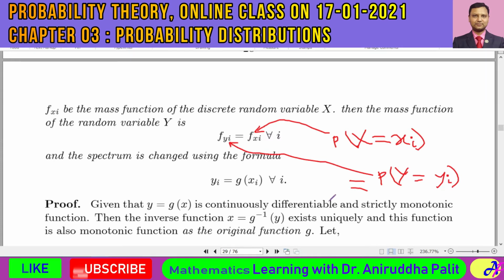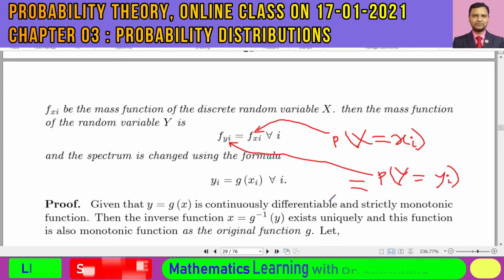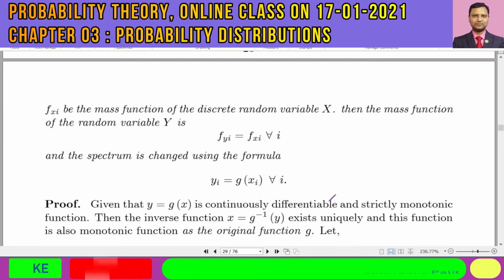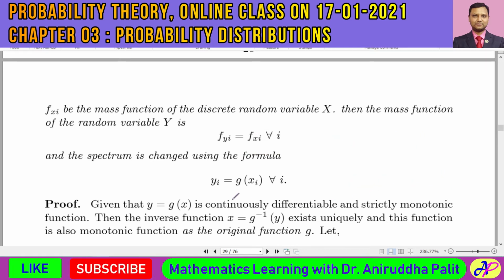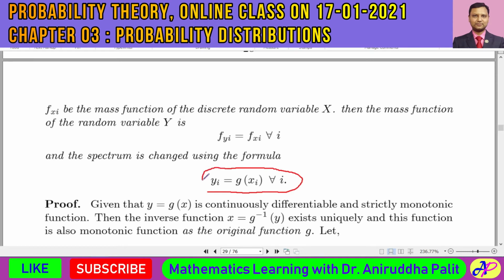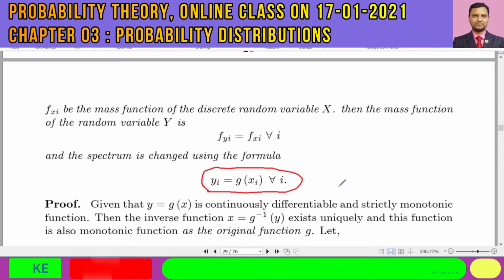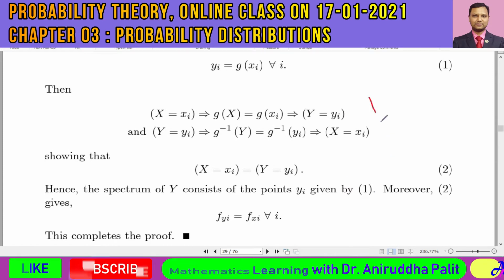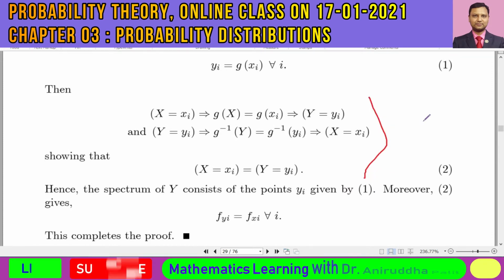Therefore, the values of the probability mass functions of x and y must be the same. And what would be the spectrum? yi is equal to g(xi) for all values of i. This would give us the spectrum of y. So in this way, the proof is shown over here, what I have computed earlier.